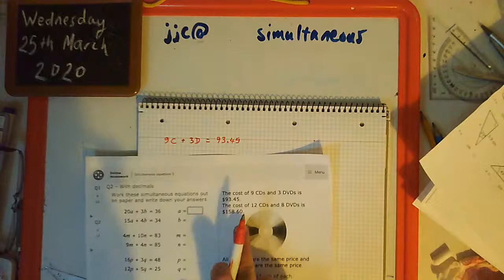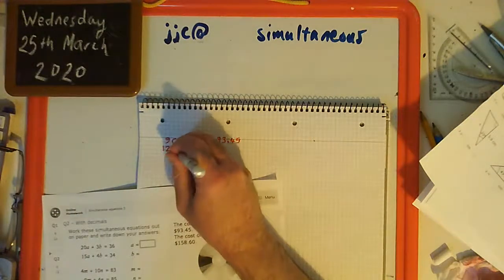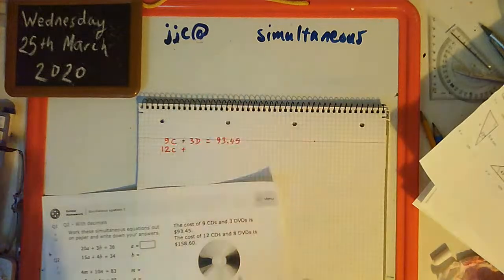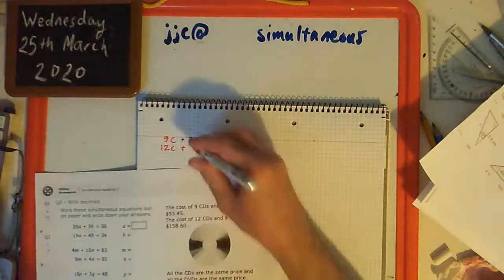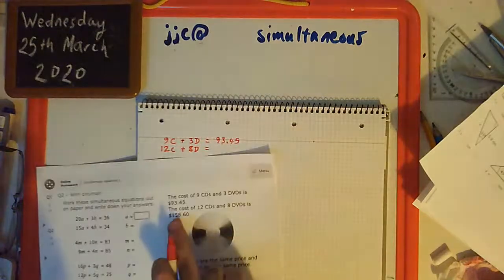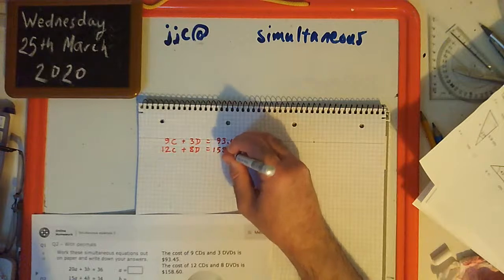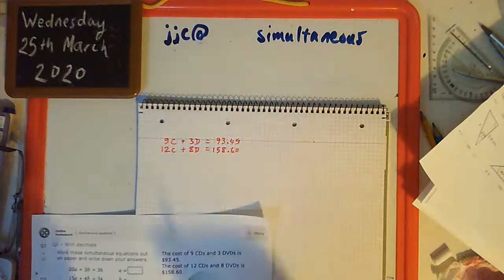93.45. Well, then it tells you that the cost of 12 CDs plus 8 DVDs, so let's call that 8D, equals $158.60.